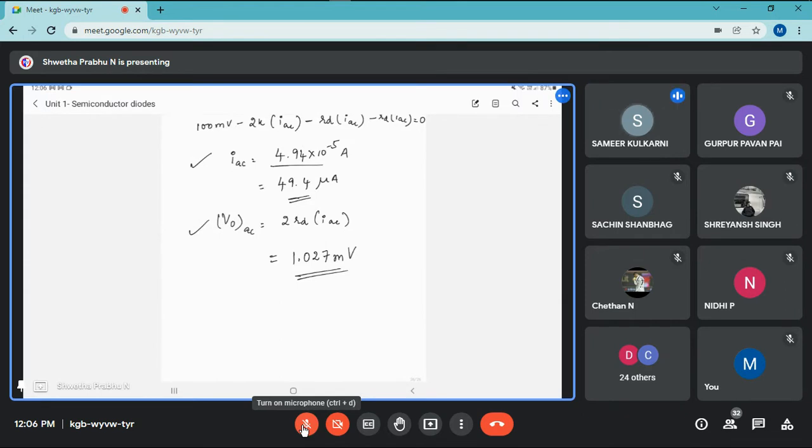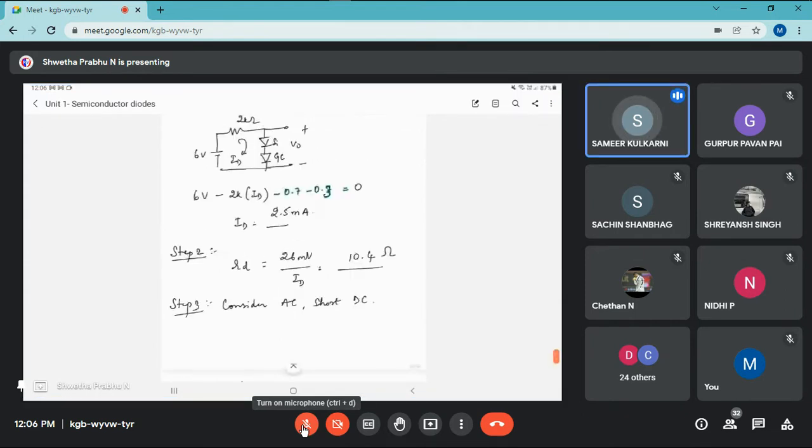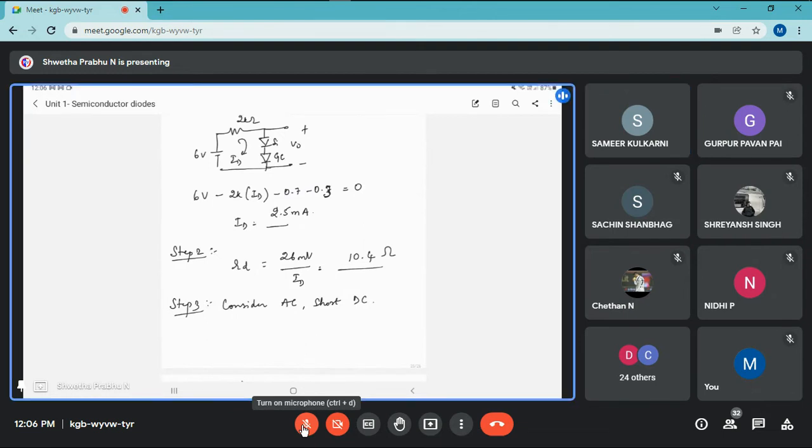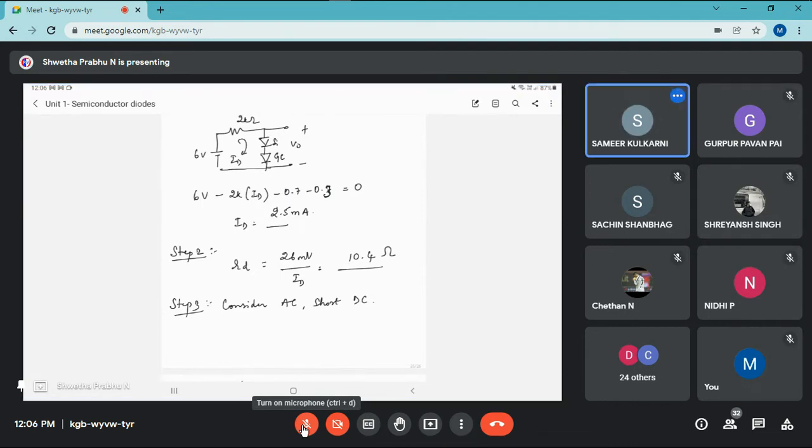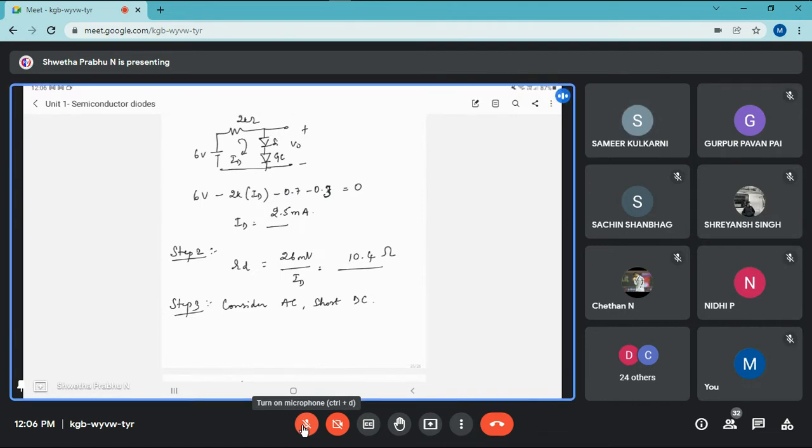We had taken both silicon and germanium diodes together. Then why are we using two dynamic resistances? Each diode will have a resistance, correct? Each diode will have to be converted to its respective resistance.